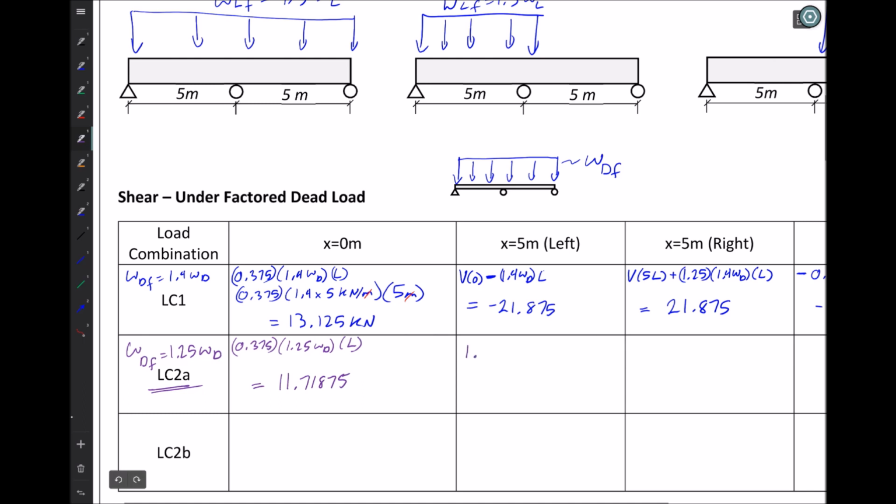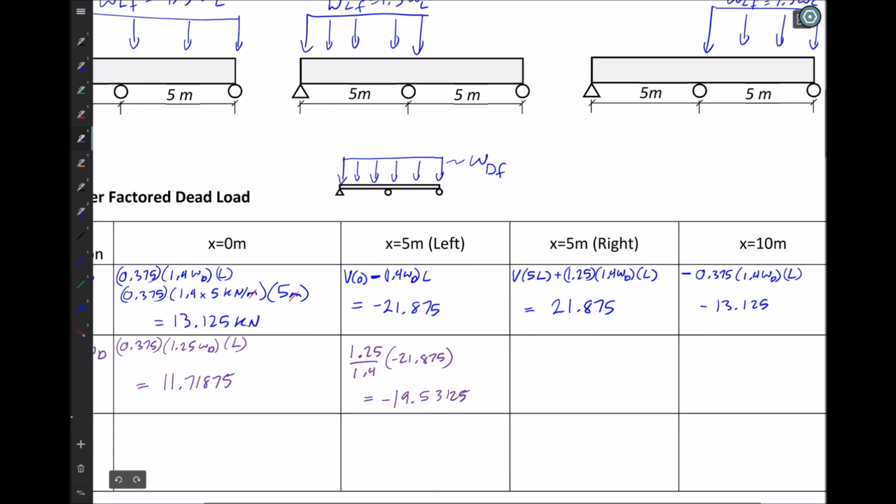So over on this side here, at 5 meters to the left, now let's use that scaling factor. So through scaling, I can take 1.25 divided by 1.4. That's the relative magnitudes of these factored loads. And to that, multiply minus 21.875. And I'm going to end up with a magnitude of minus 19.53125.